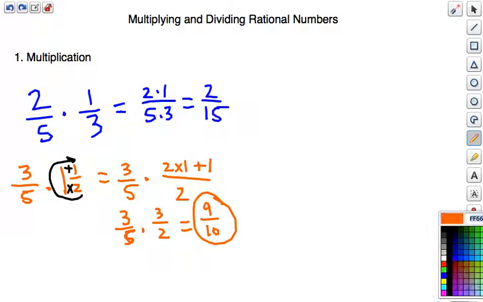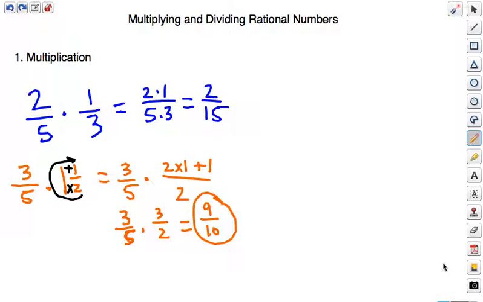All right, let's look at one more before we look at throwing in some negative fractions. So let's say we have 1/4 times 2/9.